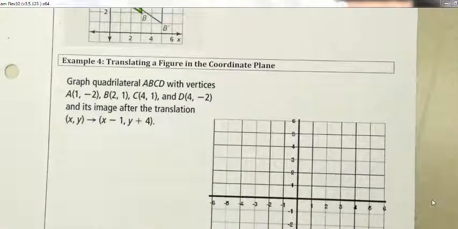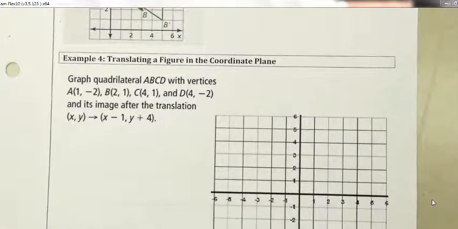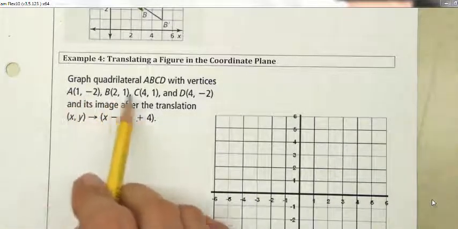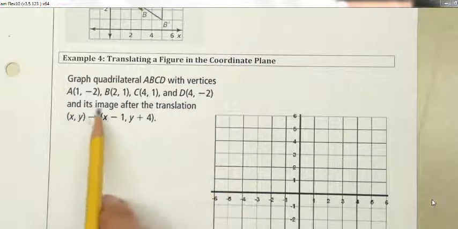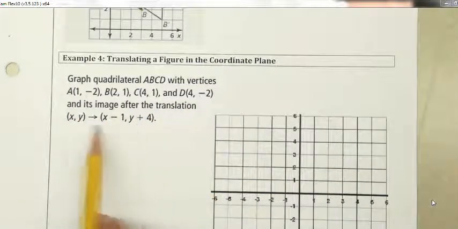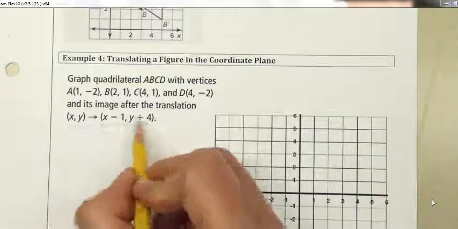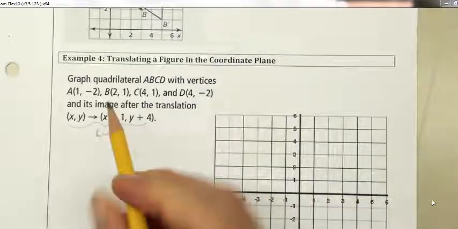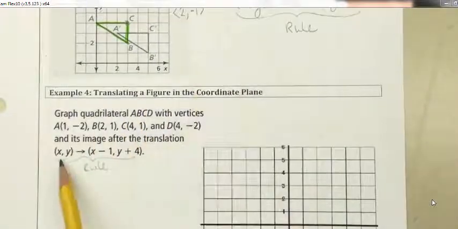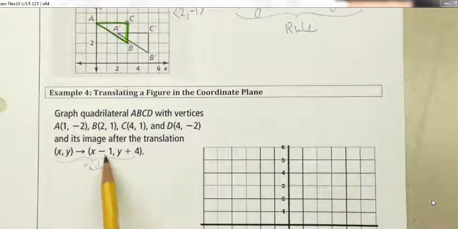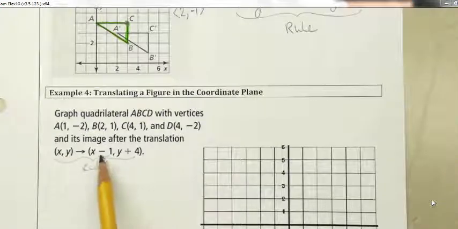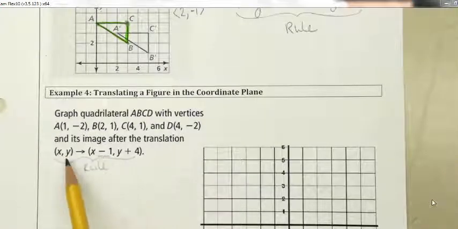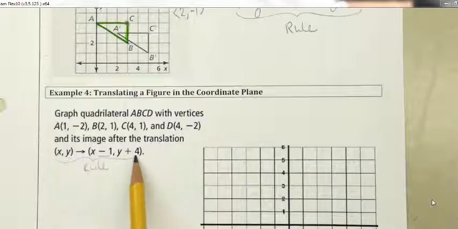Example 4, translating a figure in a coordinate plane. So graph quadrilateral ABCD with these 4 vertices and its image after this translation. So here, see, they've given us a rule, right? And we know from this rule, because we just did one, every x coordinate, what's going to happen to it? You're going to subtract 1 from it, or in other words, you're going to move 1 left. Every y coordinate, you're going to add 4 to it, or in other words, you're going to go up 4.